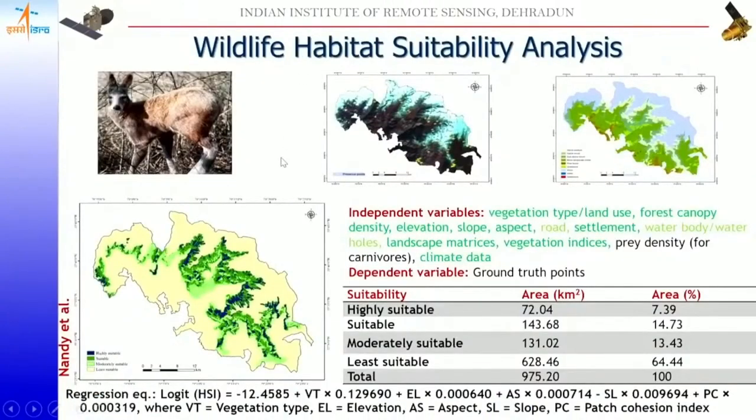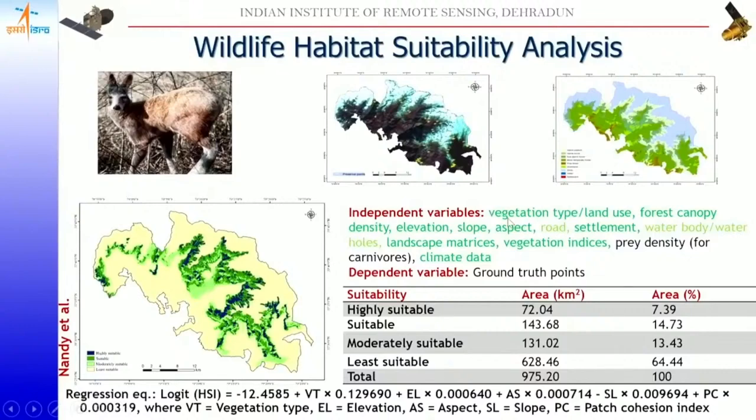So another parameter is the wildlife habitat suitability analysis, which is linked to the biodiversity assessment of a particular area. This is a multi-criteria analysis based on environmental factors, because a particular wildlife species' habitat or distribution depends on multiple factors.